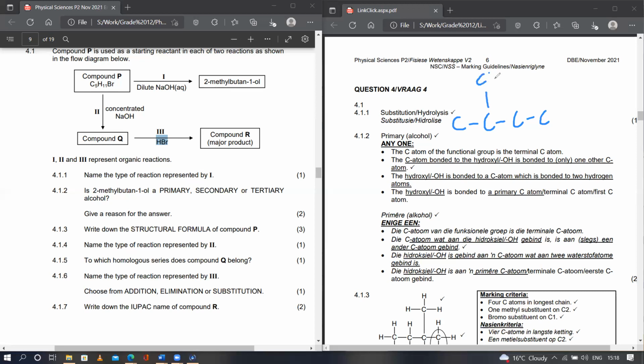That's gonna be your fifth carbon. Then the bromine, it's on carbon number 1, so you're gonna have Br here. Then the rest is just gonna be hydrogens.